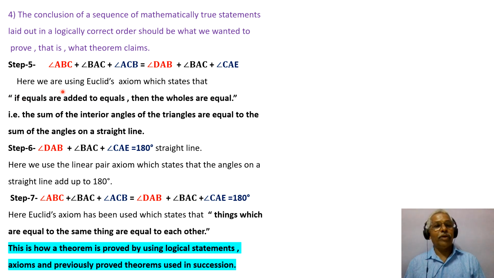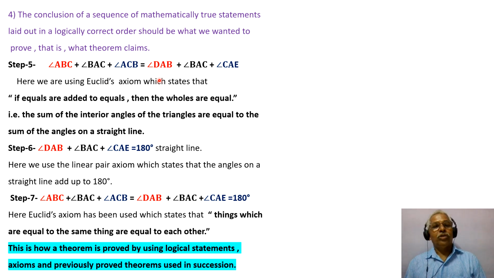Here we are using Euclid's axiom, which states that if equals are added to equals, then the wholes are equal. So we cannot just write this like that because we have to have some proof, some axiom or some previously proved theorem.